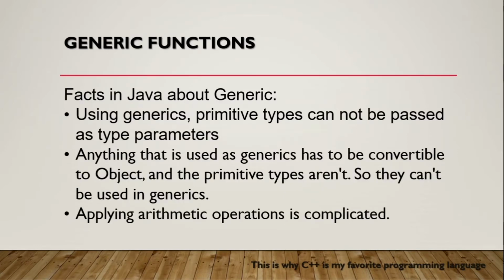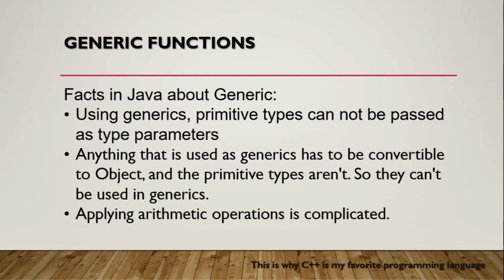Java, and I'm really sorry to say it, stinks when it comes to generic functions dealing with primitive data types. The rule is, using generics, primitive data types cannot be passed as a type parameter. What does that mean? I'm going to talk about that in a sec.